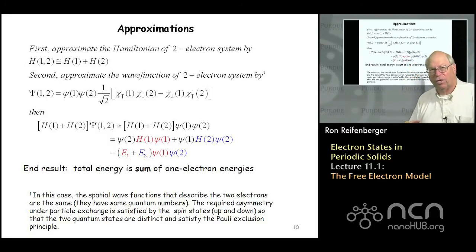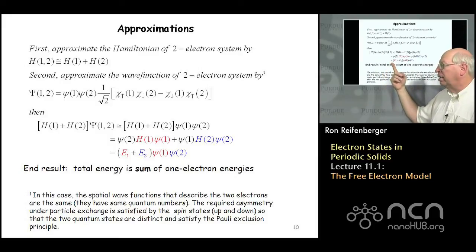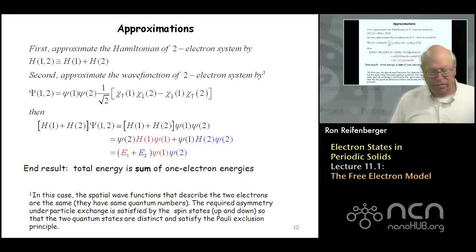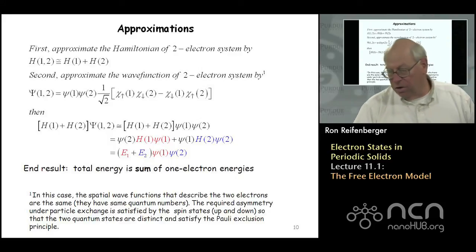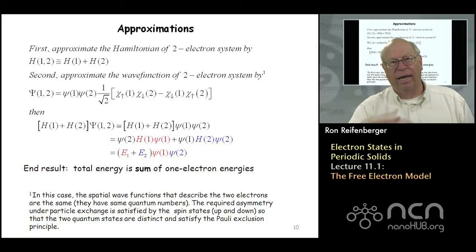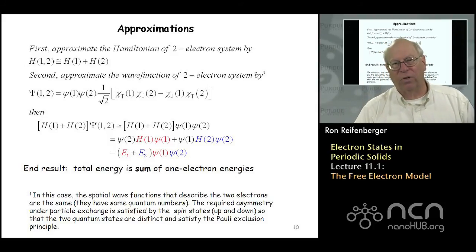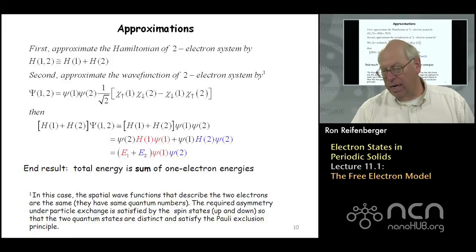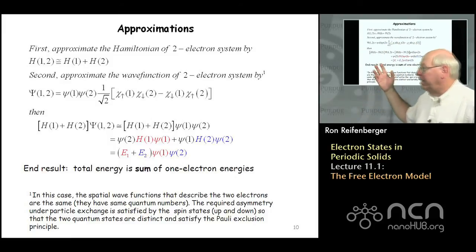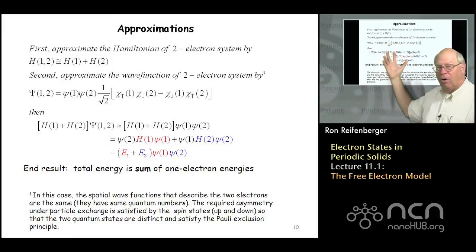And what you conclude is that for two particles, right, the total energy of the system is the sum of the one particle wave functions. So the total energy is the sum of one electron energies, and that it becomes a much more tractable problem to discuss. So the idea is you can extend this to n particles.